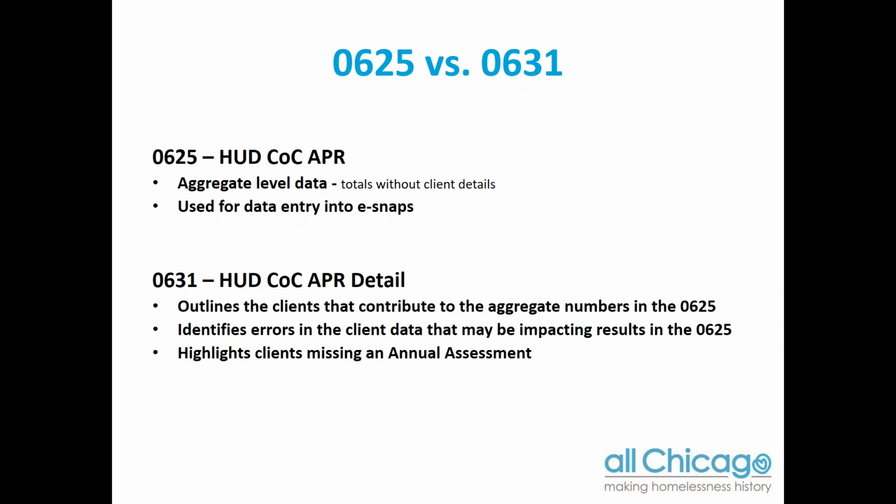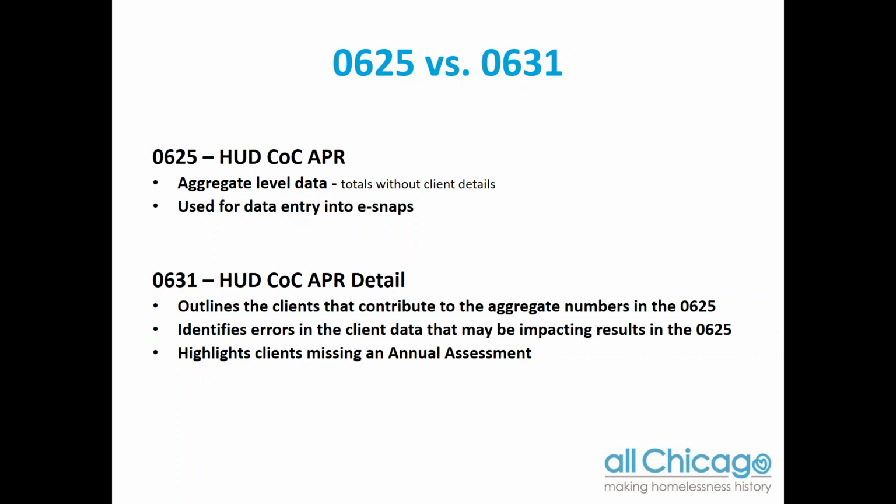But just to reiterate, the 625 is the one that actually gives you the information that you use to submit into eSnaps. So how you figure out what the 625 is actually calculating is included within your 631 HUD COC APR detail report. So these reports are very much complementary, or they work closely together, because without the 631, the 625 is fairly mysterious.